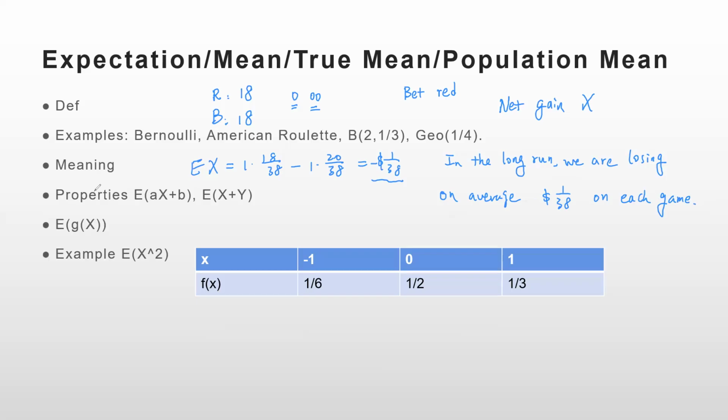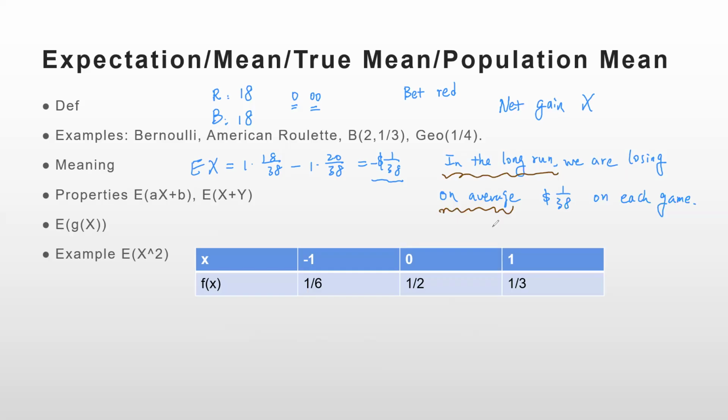Okay, so there are three points I want to make in this sentence. First of all, it's in the long run. You toss one time, you gamble one time, really, the expectation doesn't mean much. So in the long run. And we're losing on average, it's on average. It's not on a particular game.